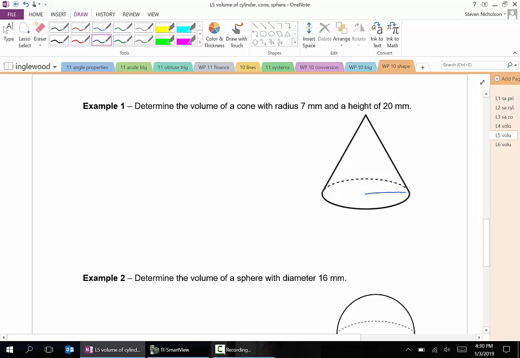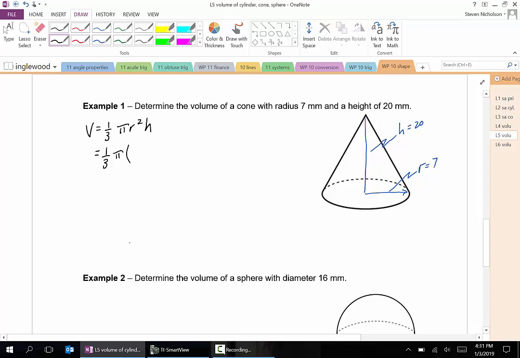So again, here's our cone, and a cone has a height, and in this case the height is 20, and in this case the radius is 7. And in looking at this, well, I know there's a specific formula, 1/3 pi r squared h, and it's always a good idea, as I've been saying all along, to write that formula.